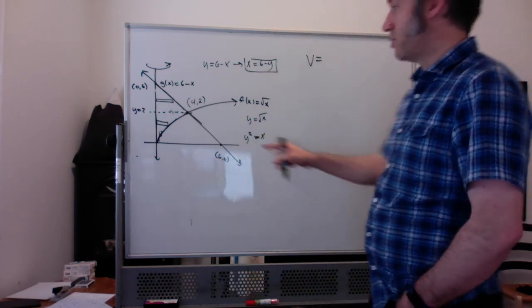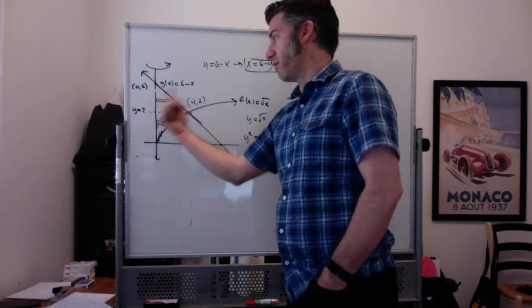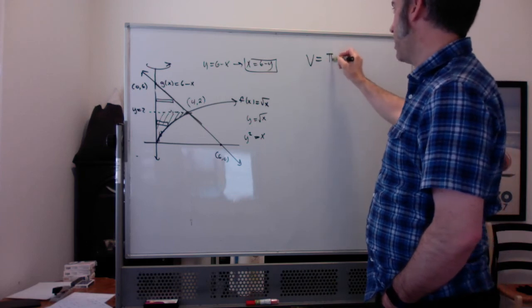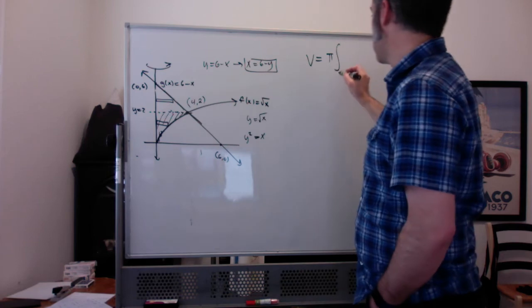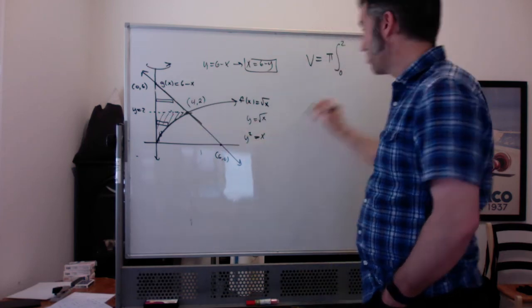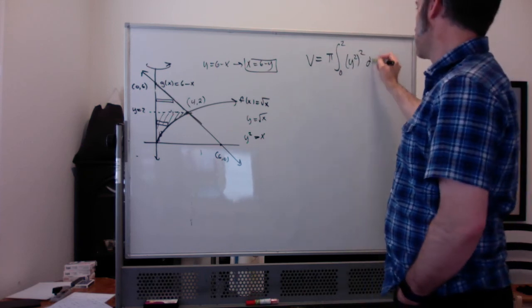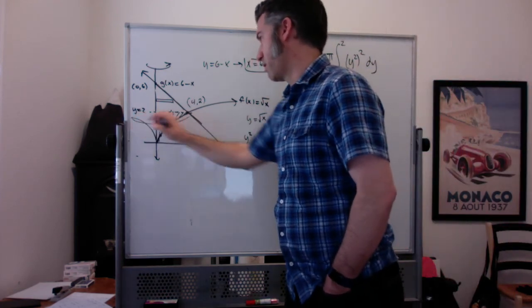Okay, so the volume of this part here, if you revolve this around, you're going to get pi times the integral from 0 to 2 of your radius, which is y squared, squared, dy. So that's the volume of this part. You can think of it as looking like that.